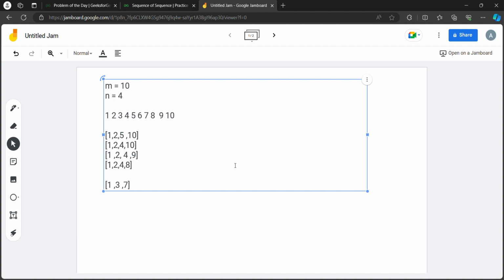This means its size is less than 4, so it is not acceptable. So the total possibility here is 4, which means our output will be 4 in that case.